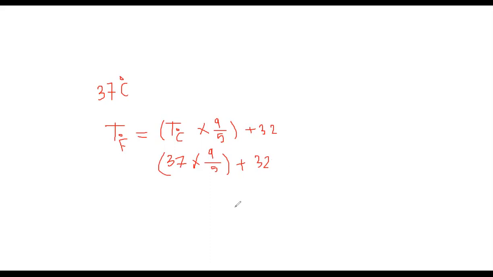It comes to 333. 333 over 5 is 66.6. Then add 32, you forgot something important to add, 32.